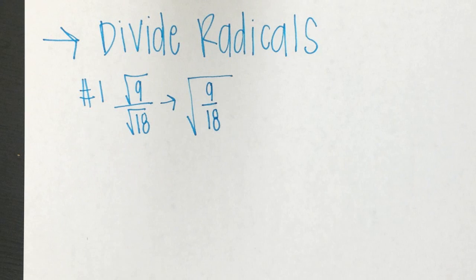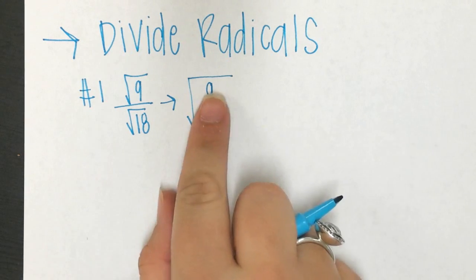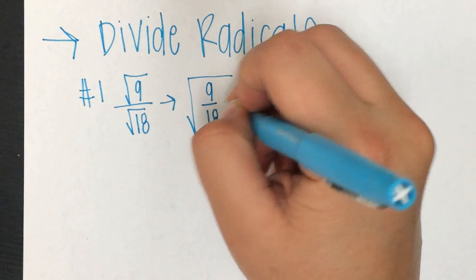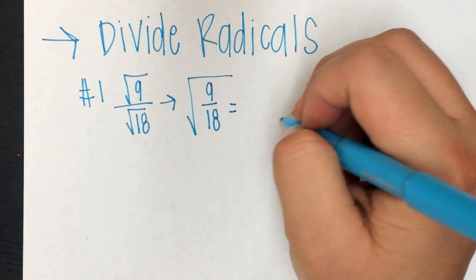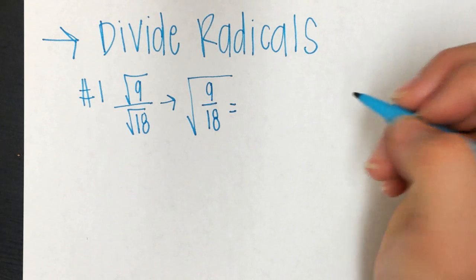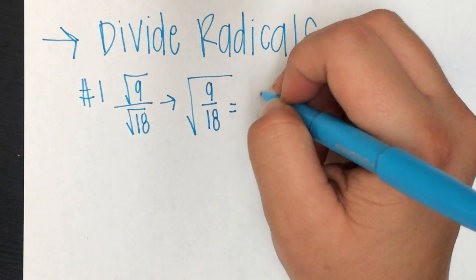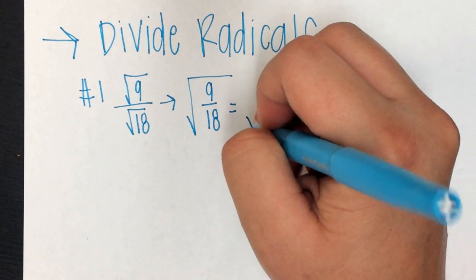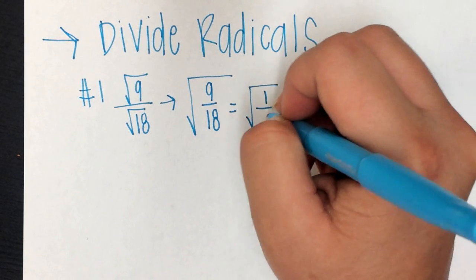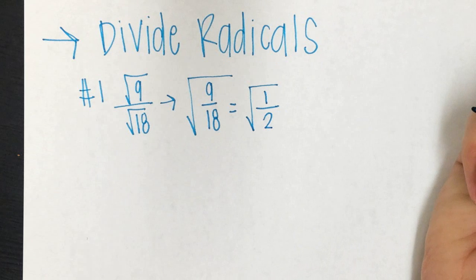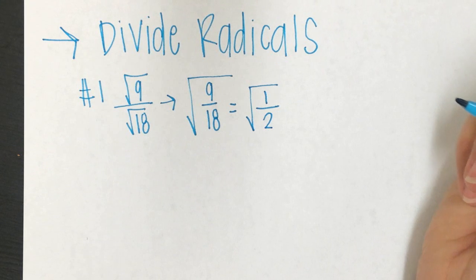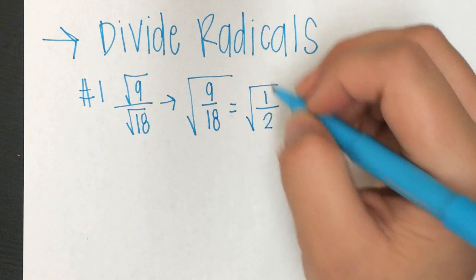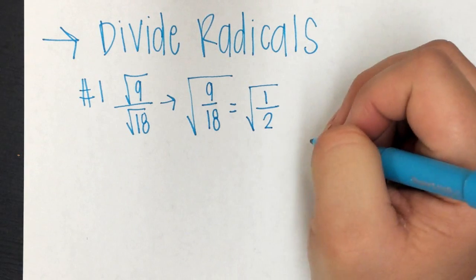Okay? Can I simplify 9 divided by 18 to what? 1/2, right? So now I have the square root of 1/2. Because 9 divided by 18 is 1/2.